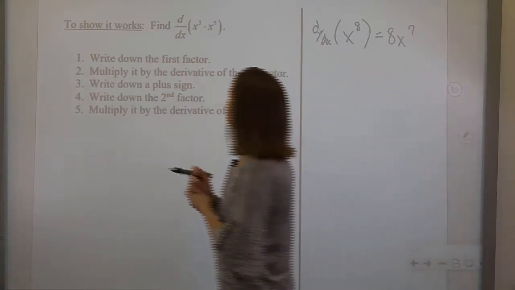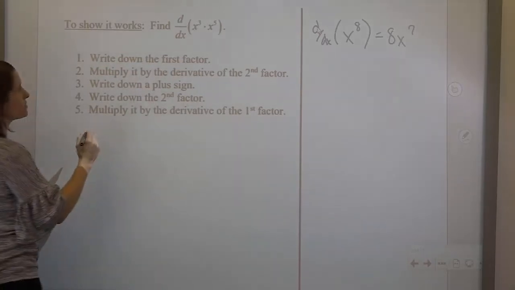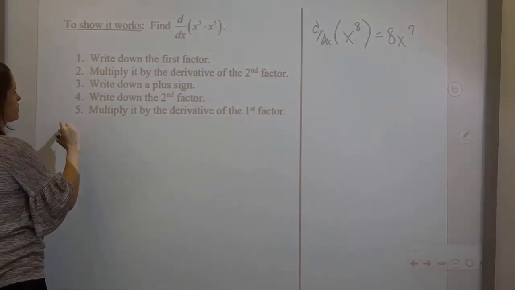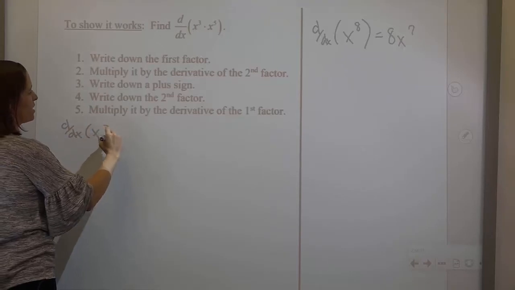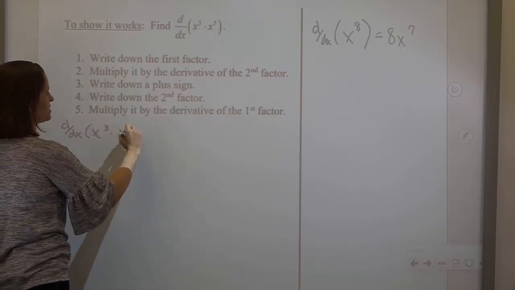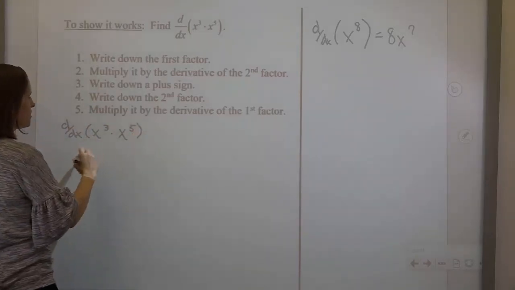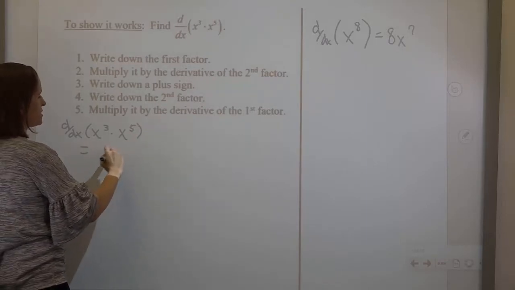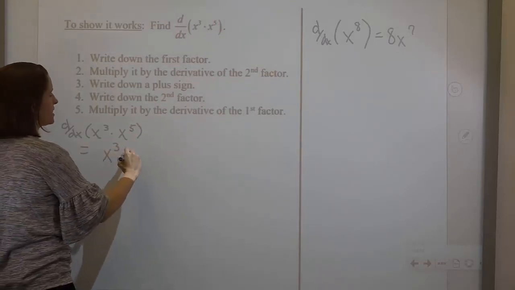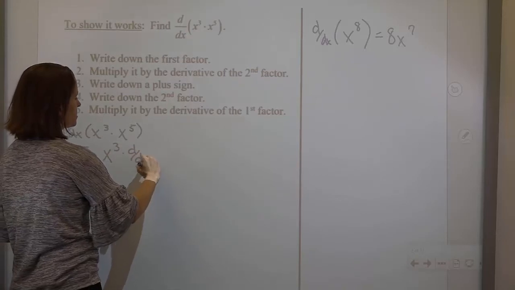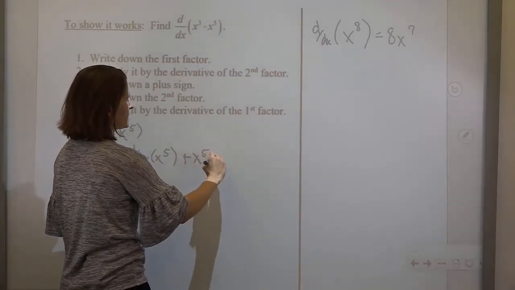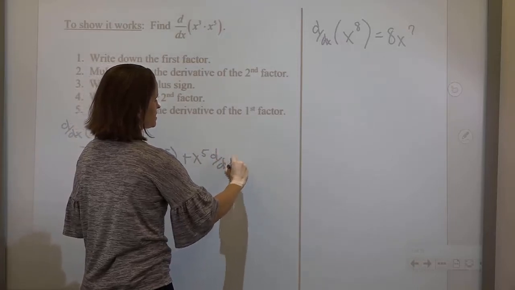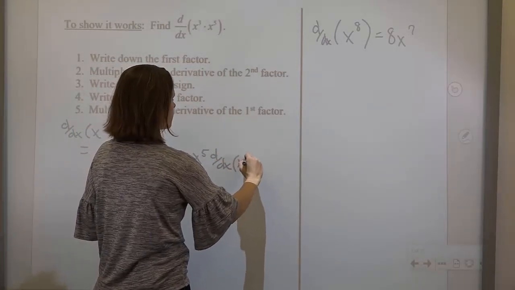So this product rule says if I'm taking the derivative of the product of x cubed and x to the fifth, then I will write down the first exactly how it is times I need to take the derivative of the second plus the second times I need to take the derivative of the first.